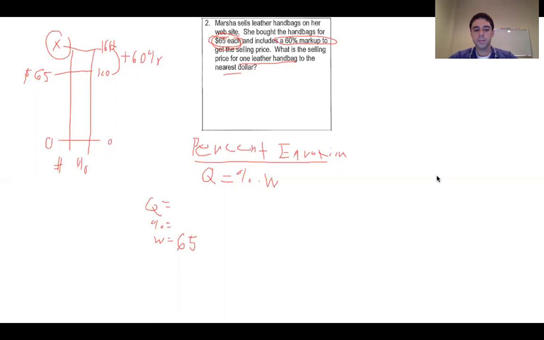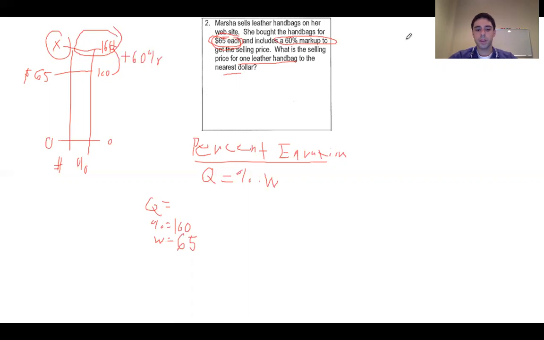Do we think percent equals 60 or 160? Right, we're looking for a value here. 160 is 160%.